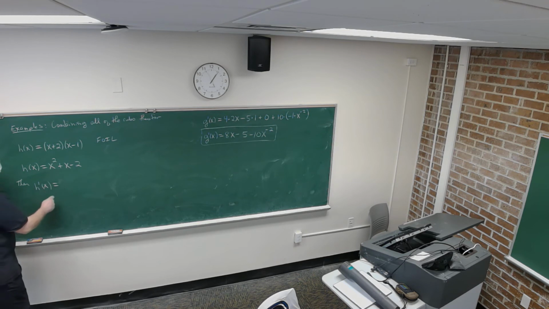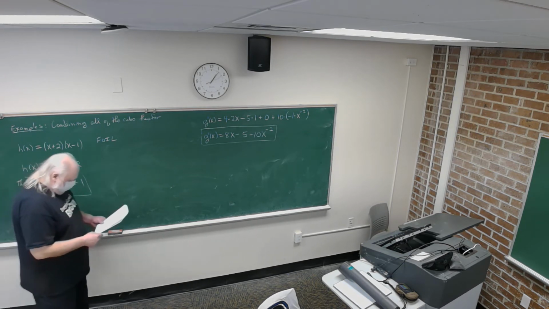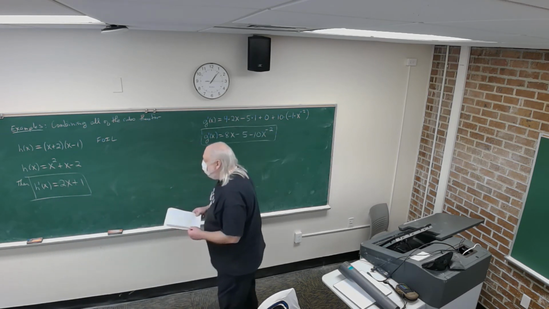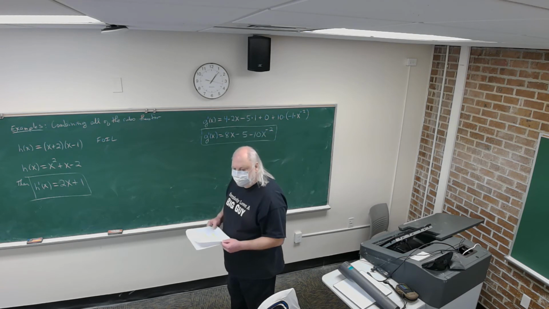So you know derivative of x squared by the power rule is 2x, and the derivative of x by the power rule is 1, and the derivative of minus 2, a constant, is 0. So derivative of h of x in this case is equal to 2x plus 1.